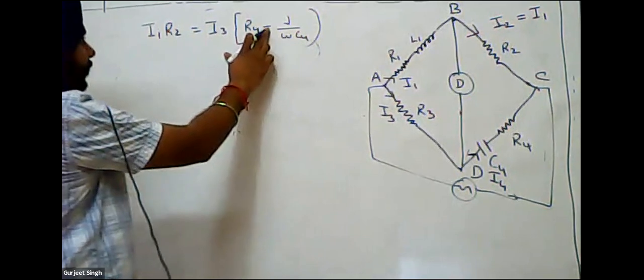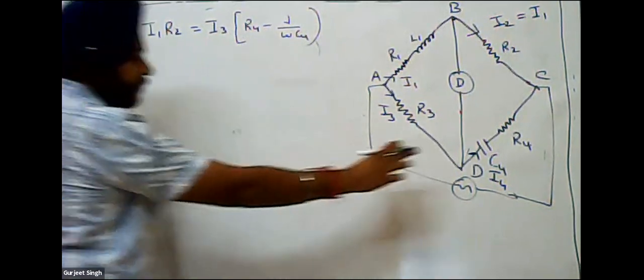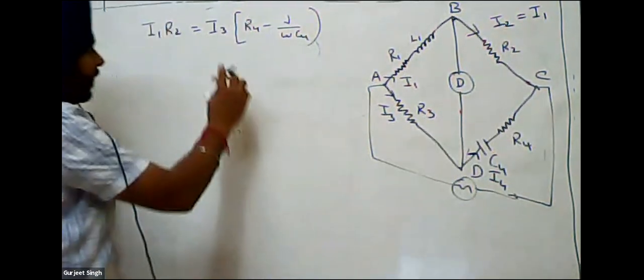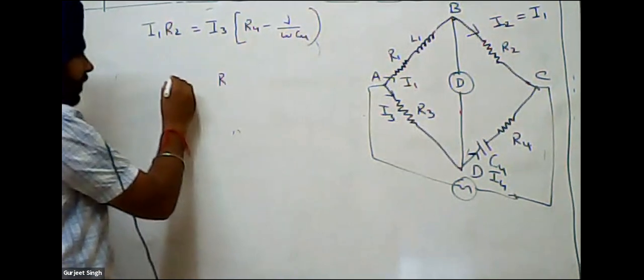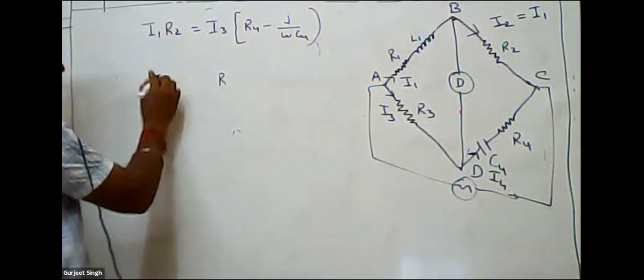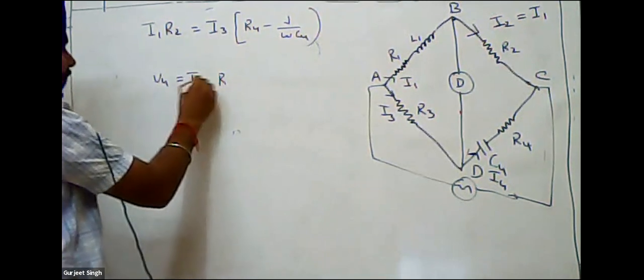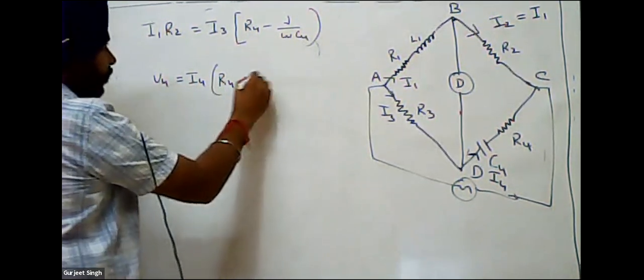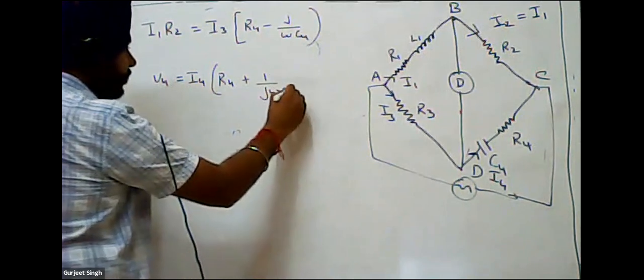When I wrote this equation, I wrote V4 is equal to I4 (R4 plus 1 upon J omega C4).